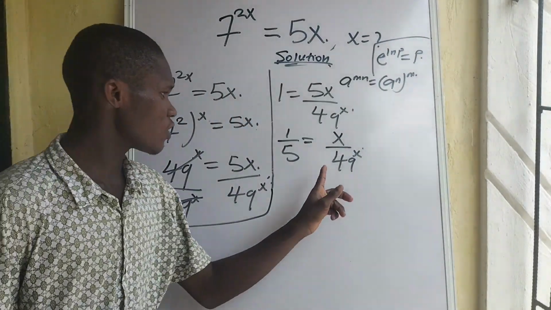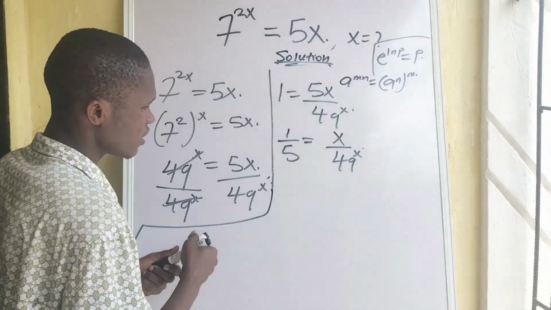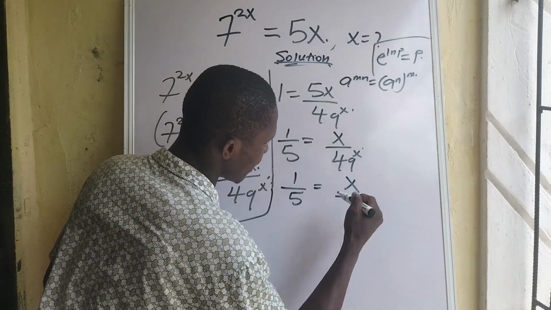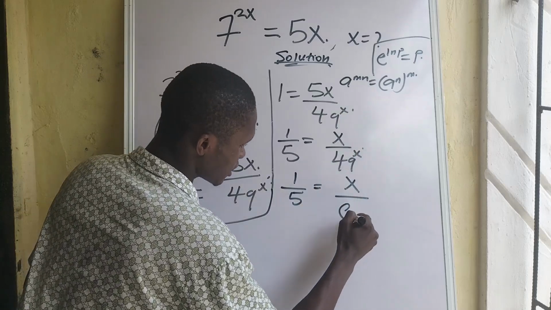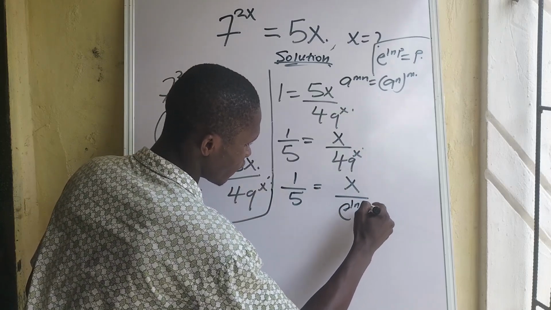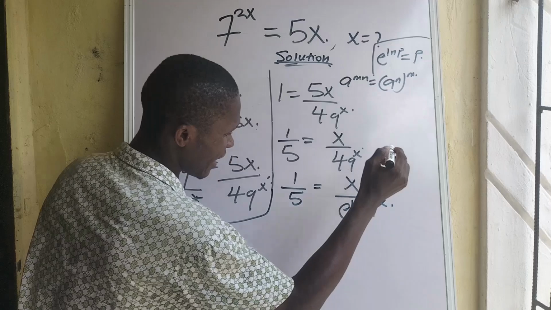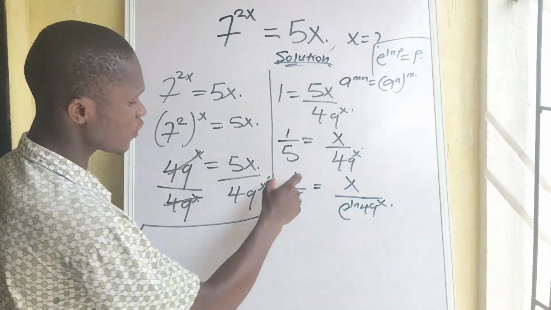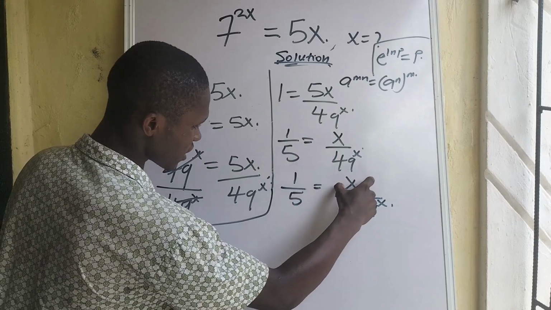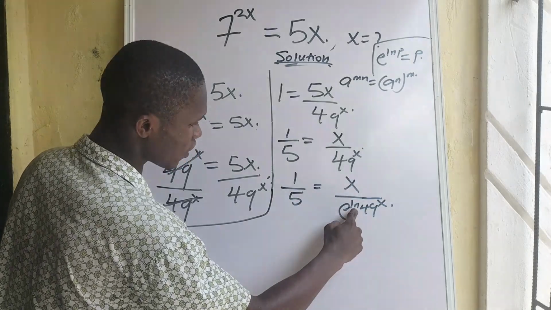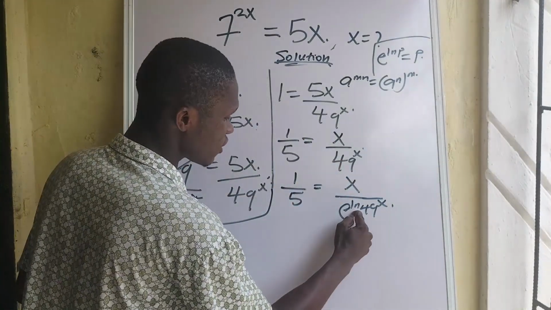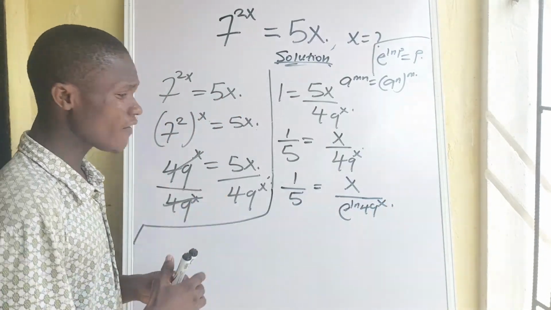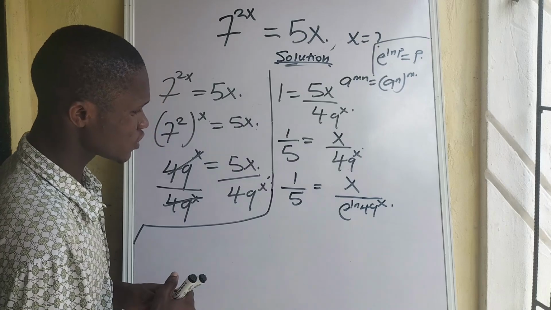If I apply this principle here, I'm going to have 1 all over 5 is equal to x all over exponential natural log of 49 to the power of x. We are now having something new: 1 all over 5 equals x all over exponential of the natural log, or what we call ln, of 49 to the power of x. Having done this, what are we then simply going to do?